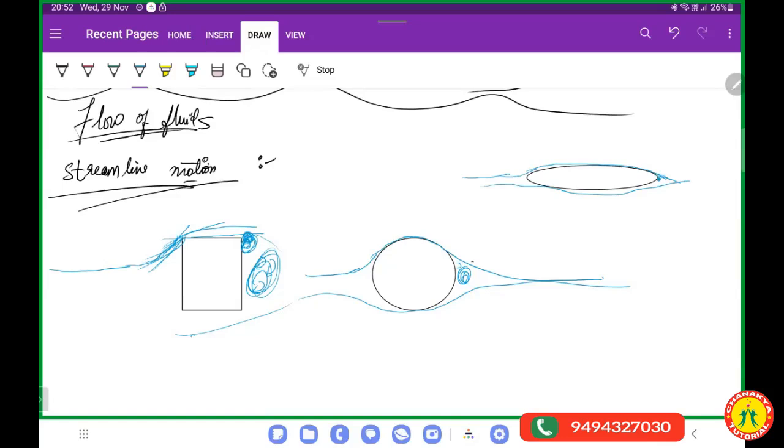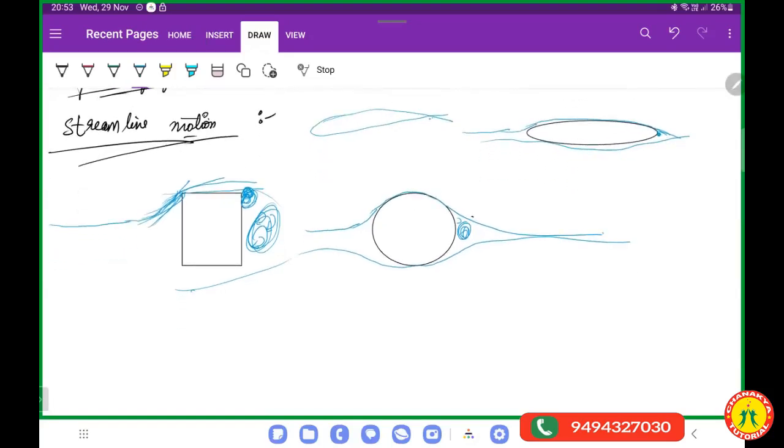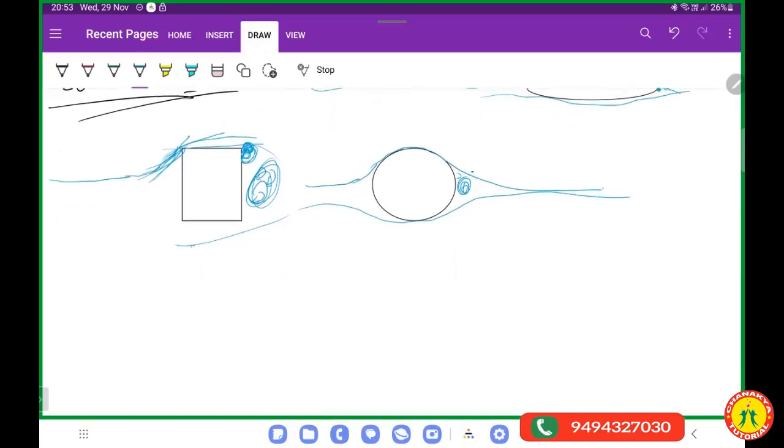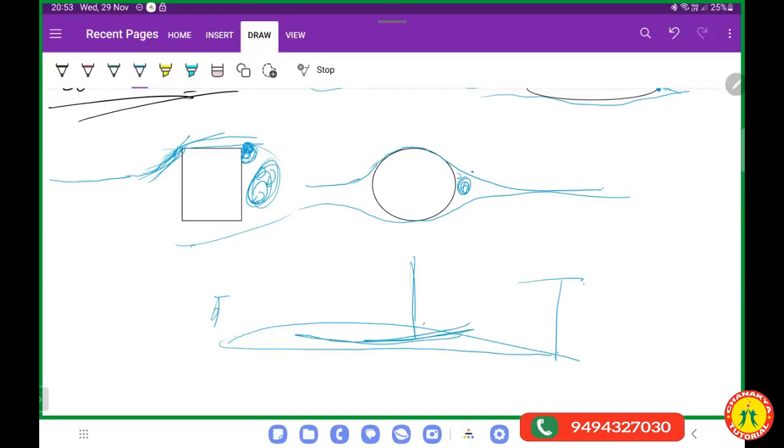So this is the reason airplane airfoils are shaped like this. This is the reason for the F1 car. If you observe, they are made like this, and the person is sitting like this. If he sits upright, there will be another drag region, he will create another aerofoil shape and it will create a drag force.